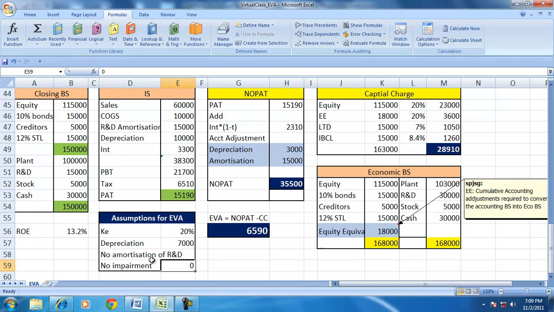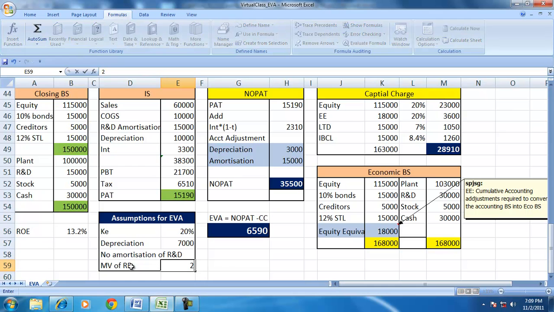Suppose there is an impairment of R&D. If the market value of R&D is given, then that means there will be an impairment.